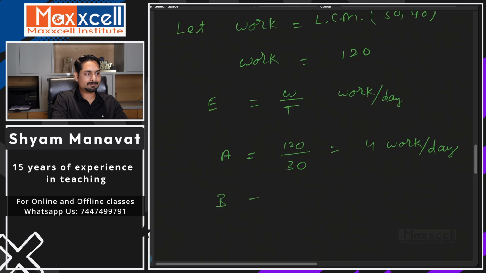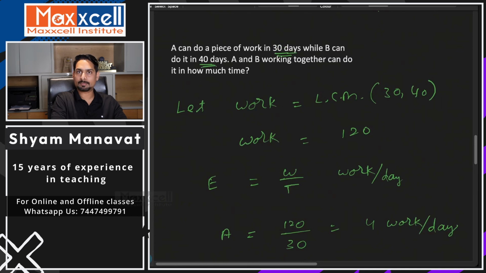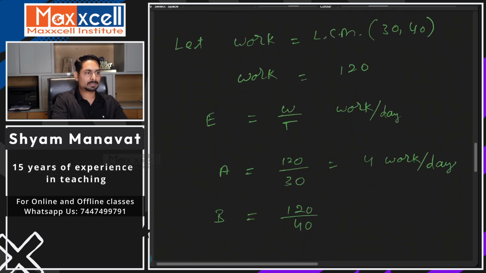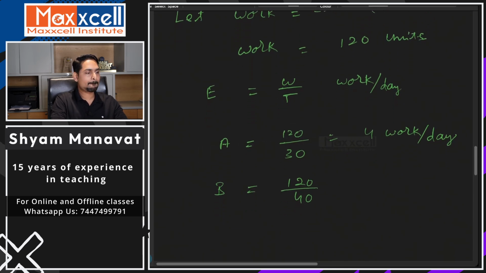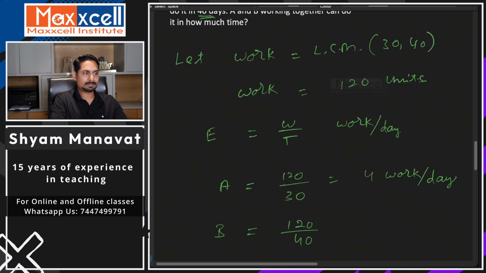Efficiency of B, the same way, is work upon time. Time taken by B here is 40 days for the same work. That means the 120 units of work, efficiency equal to work upon time.